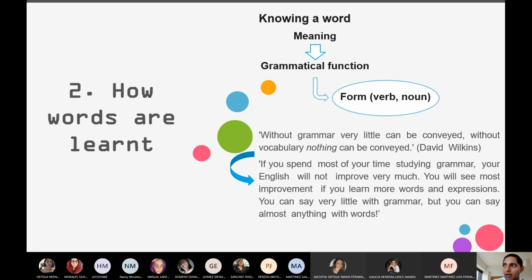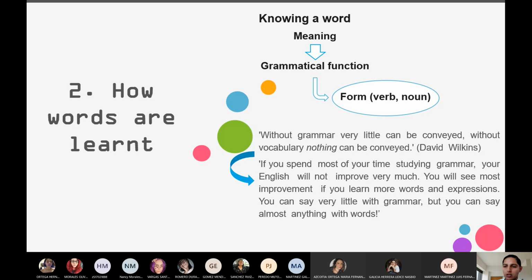So the importance of vocabulary has sometimes been underestimated, but it's very important for our lessons, for our units, and just for children, vocabulary is really important. It's fundamental for your classes, and it should be for every single student. If you spend most of your time studying grammar, your English will not improve very much.